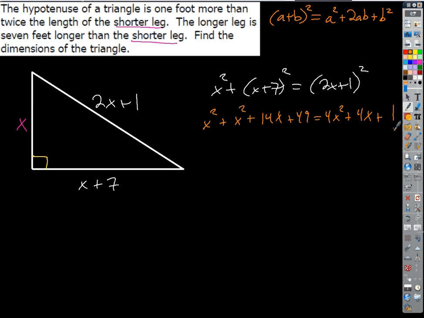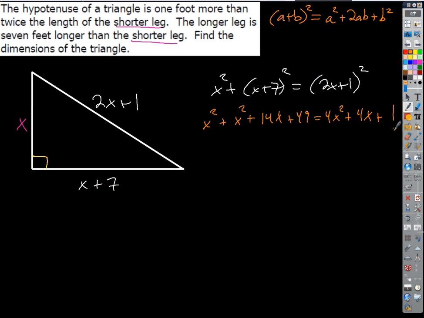How do you get 14x? Because if I want to square out the quantity 2x plus 1 squared, think what this pattern means. a plus b squared is the first term squared, plus 2 times the product of the first and the second, plus the second term squared. Well, my first term is 2x.